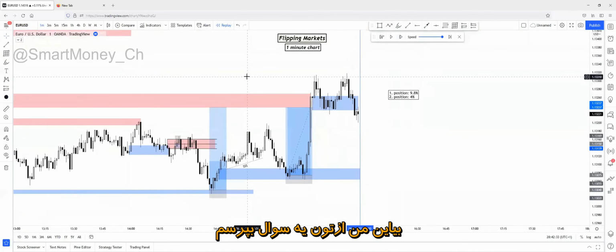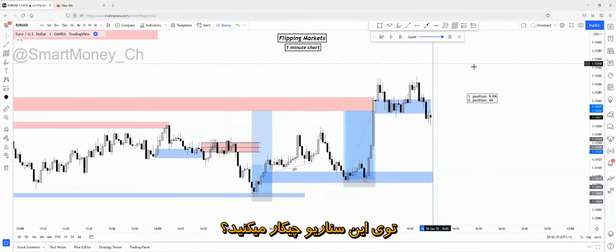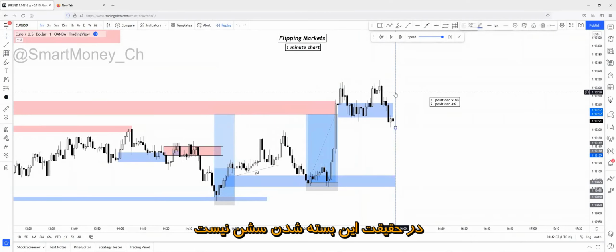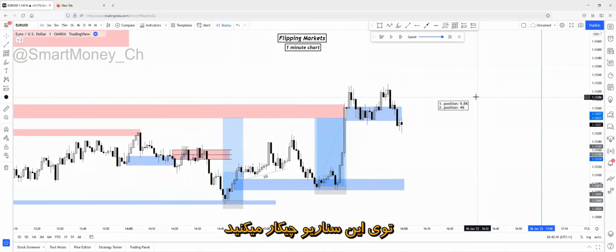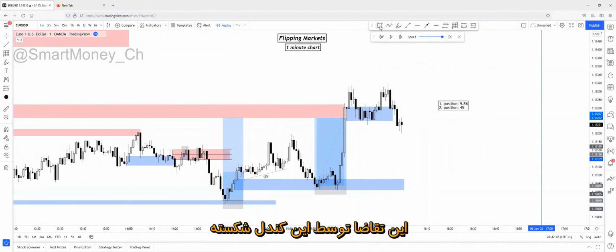Let me ask you, what will you do in this scenario? Actually, this is our session close. So what would you do in this scenario? This demand is broken from this candle. Mark the supply zone. We could take counter trades again down to the initial demand zone.